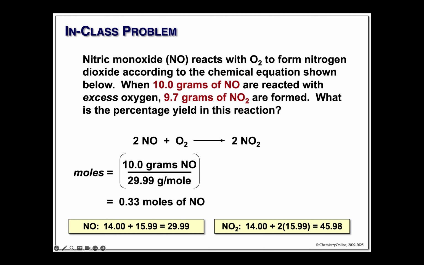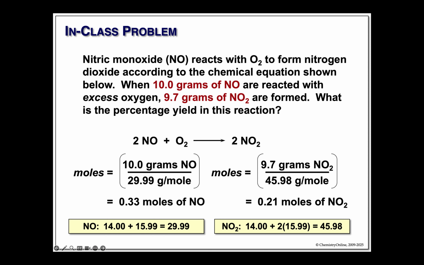The actual yield, we have 9.7 grams divided by 46. Do the math, 0.21 moles of NO2. So we expected 0.33, that's the theoretical.